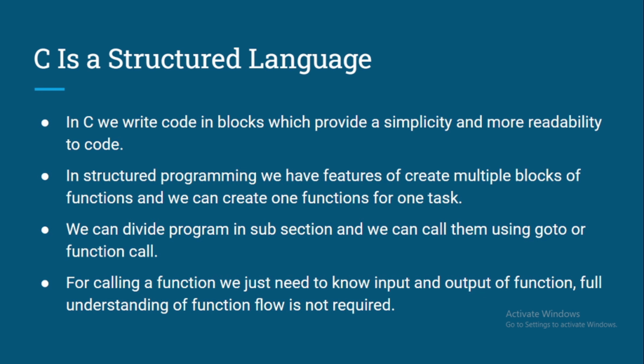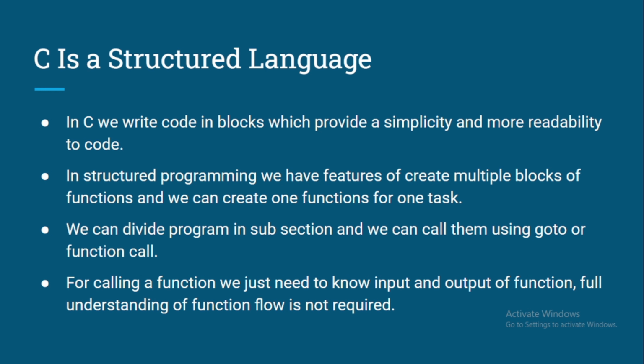And the next thing is, C is a structured programming language. Structured programming is where we write code in blocks, where we provide a proper structure to a program, right?